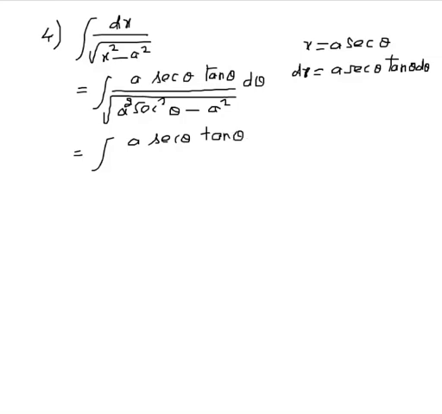Here we have root sign in the denominator. If you take a square out, it becomes a, whereas in the previous case there is no root sign. So a square comes out. That's why the answer has 1 by a outside. Now root of secant square minus 1 is tan square theta, identity.